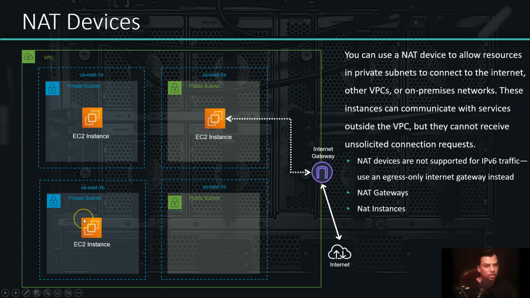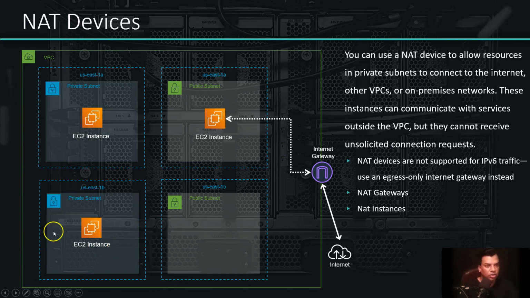So, let's understand this with an example. We have a private subnet in which we have launched one of the resources. This is an EC2 instance running an Ubuntu OS. Now, this Ubuntu OS requires some security patches and updates to be installed, and this is available via the internet.